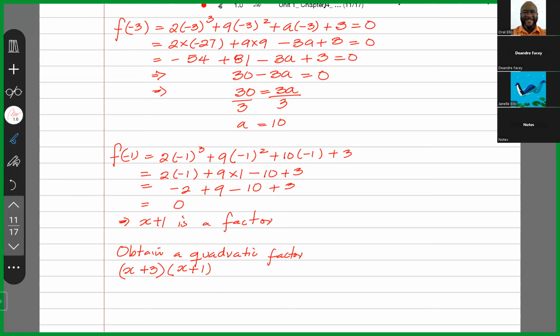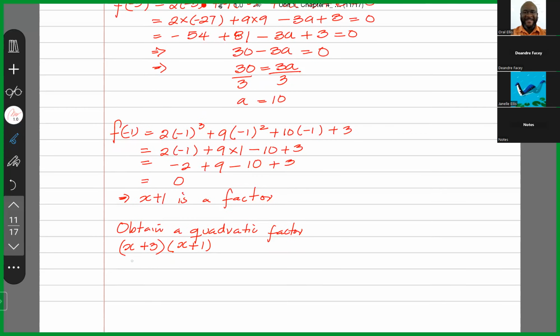If I multiply 2 linear factors together, I'm going to get a quadratic factor. So this is x squared plus x plus 3x plus 3. This is x squared plus 4x plus 3.